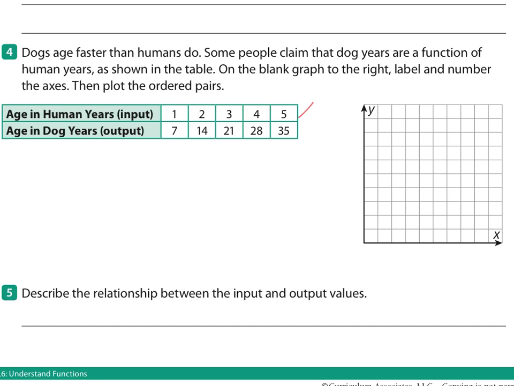So again, here are my inputs, those are my x values. Here are my outputs, those are my y values. So we get to graph human years over here, and we will graph dog years over here.